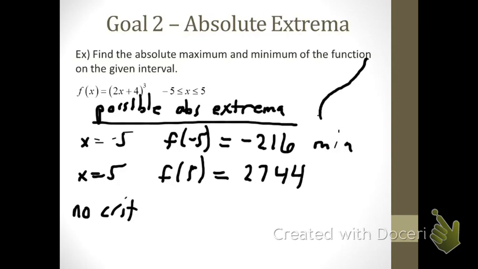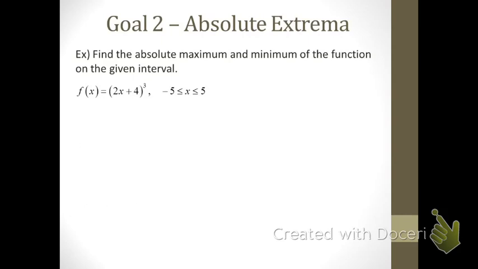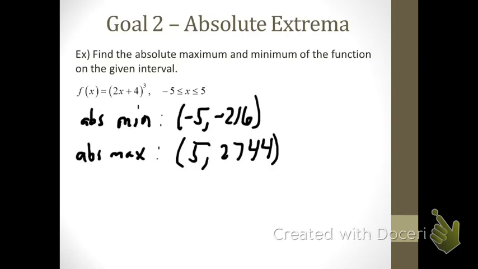Our absolute minimum is going to occur when x equals -5. Our absolute maximum is going to occur when x equals +5. And the way you would write that then will be as you see right now. Fairly straightforward, right? Okay, we're going to try this in the context of a word problem right now.